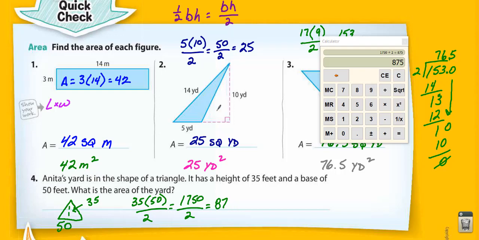There we go. So my answer is either 875 square feet, or I can write it as 875 feet squared.